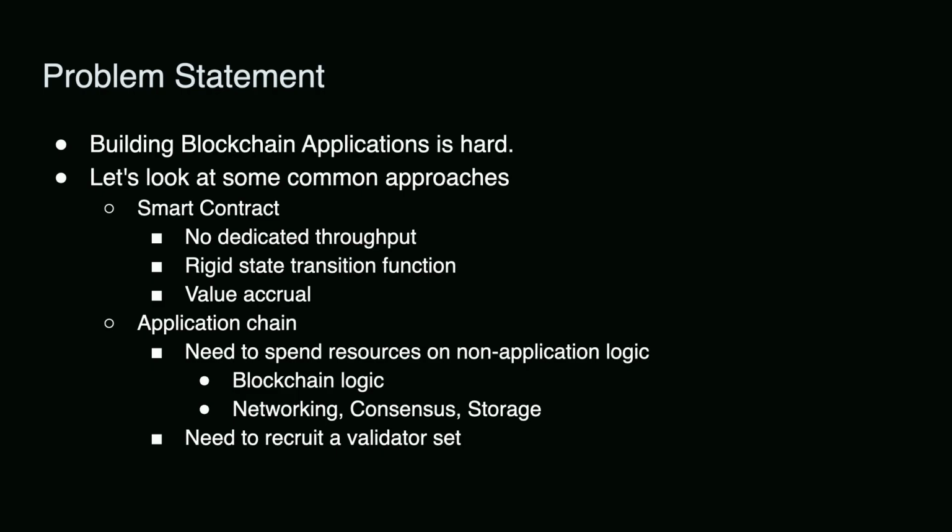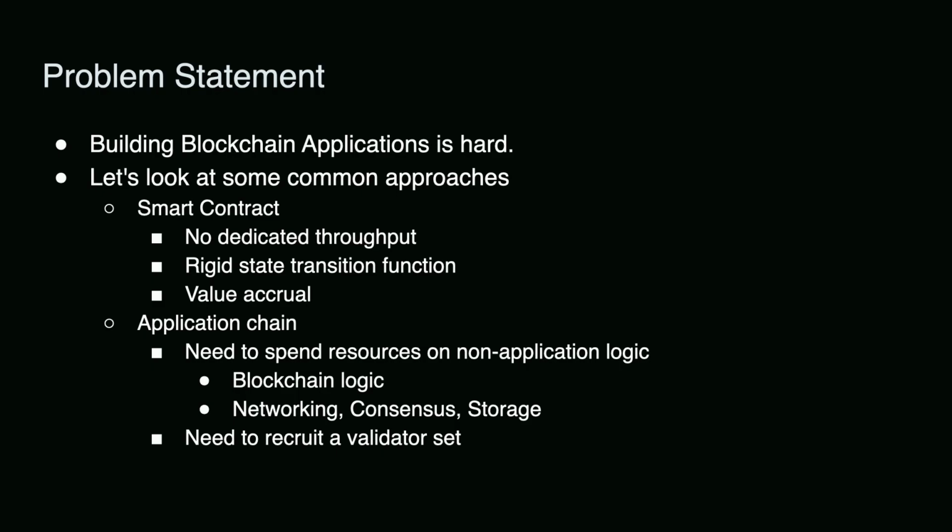So that's the issue with smart contracts. You have application chains. They do solve some of the problems above, but there are new problems now. You need to spend developer resources on non-application logic, because if you have to build your own app chain, you need to look at blockchain logic. There are some SDKs, but you still have to consider networking, consensus, storage.